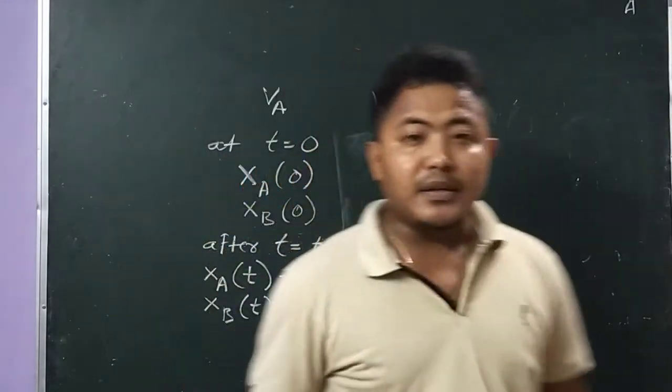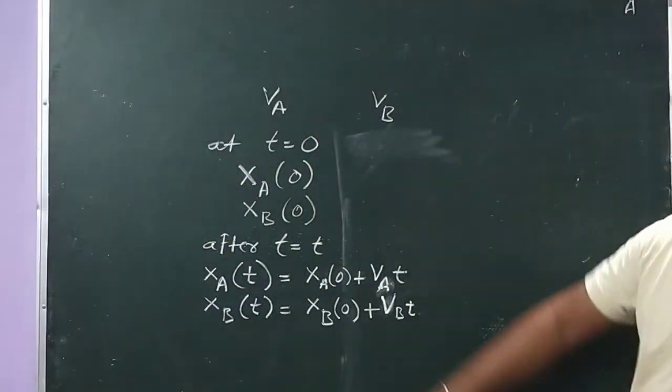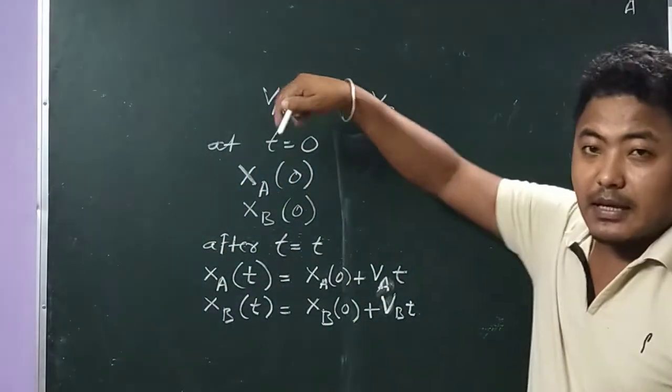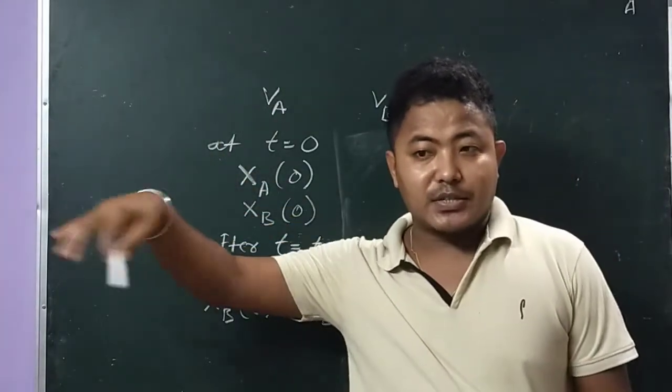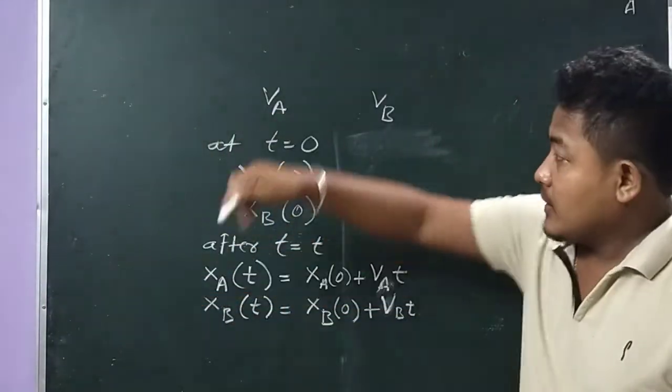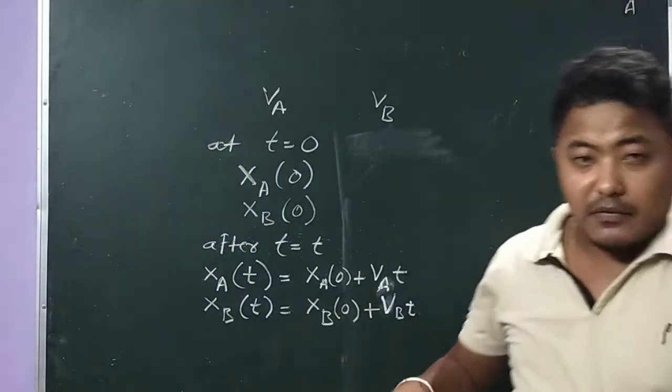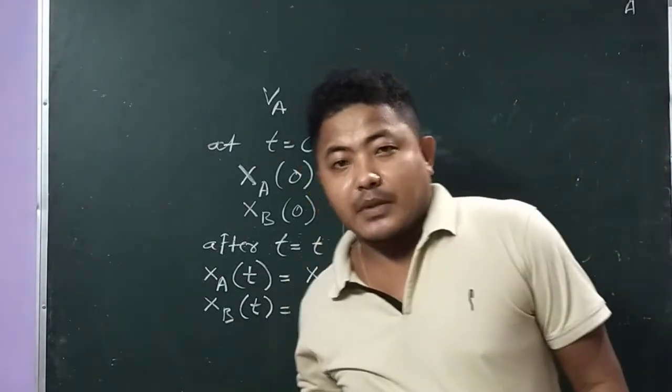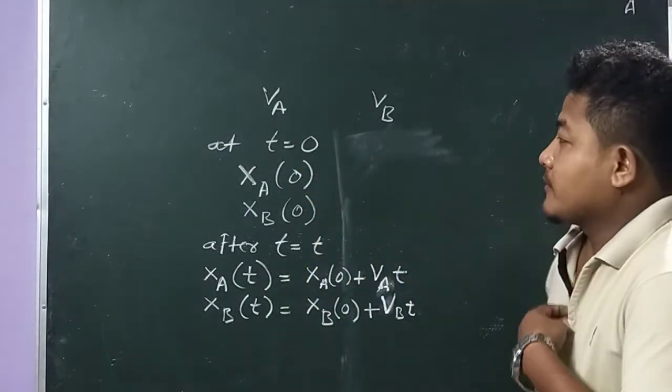Okay? Let me repeat these things. VA is the average velocity of body A that is moving uniformly, and VB is the average velocity of body B that is also moving uniformly.